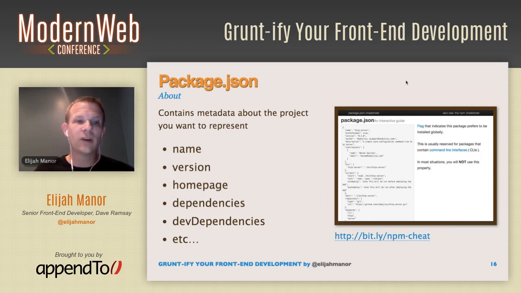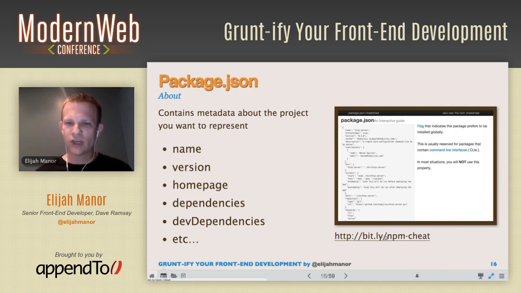The version of your project, the homepage URL, like if it's on GitHub, dependencies, and for this part, most of the stuff we'll put are dev dependencies. And so if I did want to run JSHint, I'd have to tell Grunt that I need to know about the grunt-contrib-jshint plugin, and I would define that in the dev dependencies. So it would know that it needs to use it.